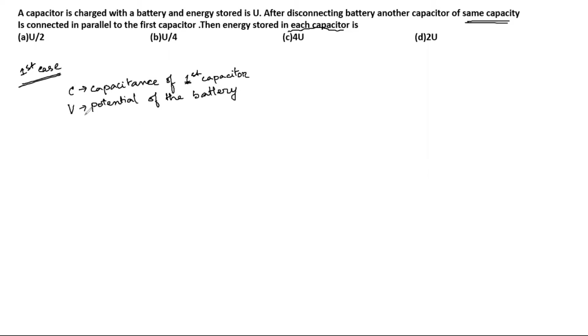When this capacitor is connected to a battery of voltage V, the capacitor also has that same potential, V, right? And let's say that Q is the amount of charge in the capacitor.